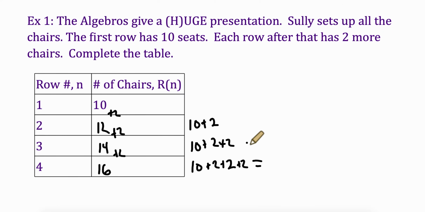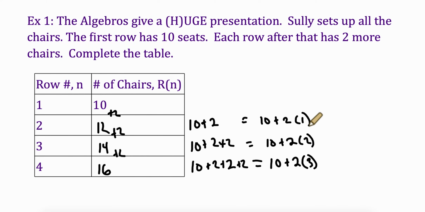Okay, let's see if there's an easier or better way to write that. So this is like repeatedly multiplying something, right? So this is like 10, and I had 2. I multiplied it 3 times because I added it 3 times. Let's see this one. I had 10, and I added 2 twice, right? This one I had 10, and I added 2 1 time.